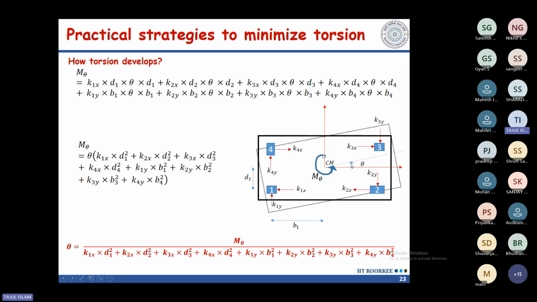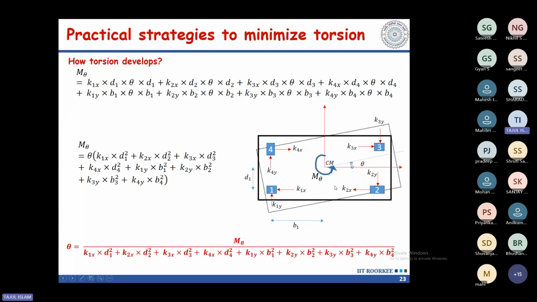So this is the torsional moment applied by the couple created by the center of mass and center of rigidity. The structure will try to resist this torsional moment through the resisting stiffness of vertical members. If your applied moment is in this direction, your resisting moment should be opposite.